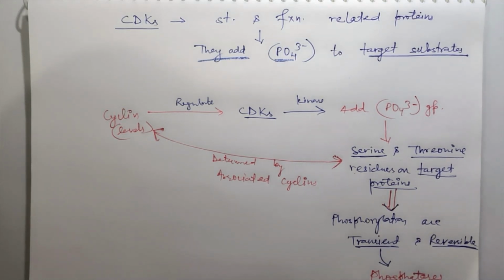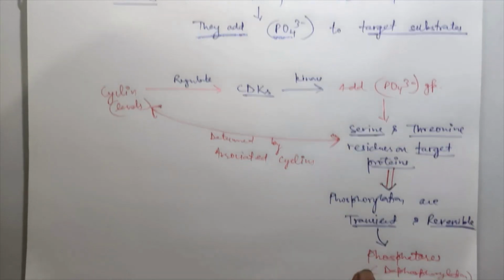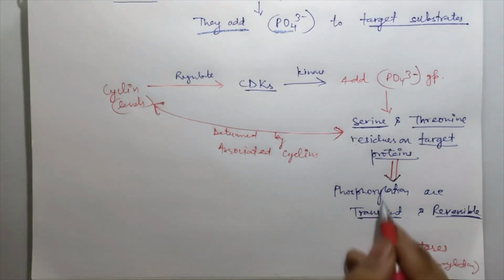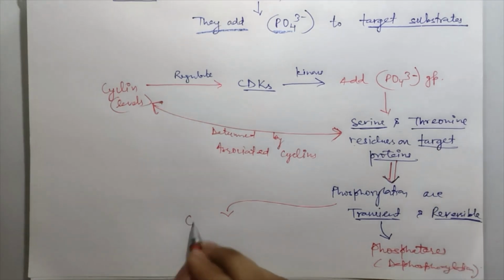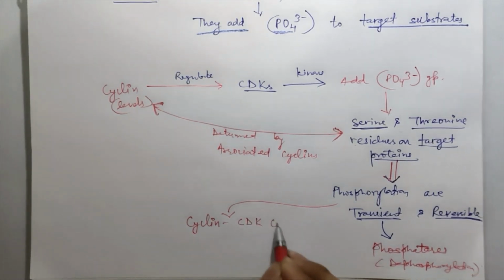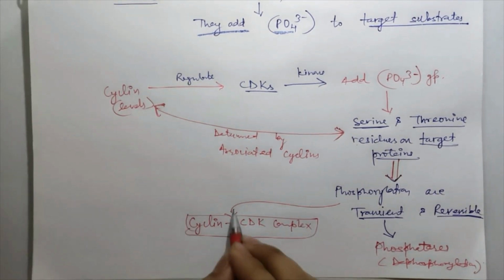They help in dephosphorylation of these target proteins, and this is also aided by cyclin levels being lowered, and ultimately the Cyclin-CDK complex also disappears.